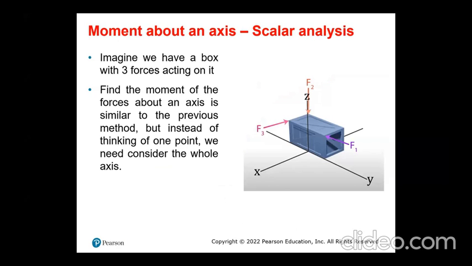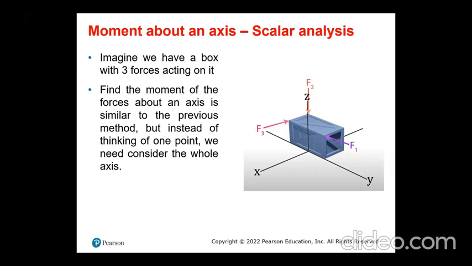So let's look at this one. Let's imagine you have a box with three forces acting on it. So we have F1, and then we have F2, and then we have F3 acting on it. We need to find the moment of the force about the axis. So we use a similar procedure to the one we used previously. Our moment is going to be the force times the perpendicular distance.